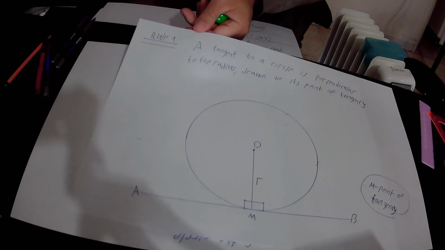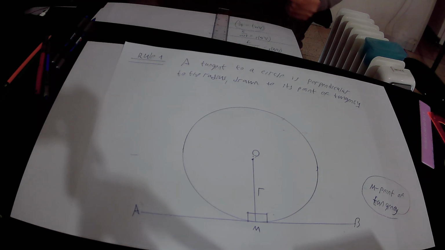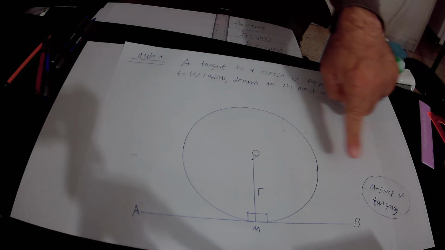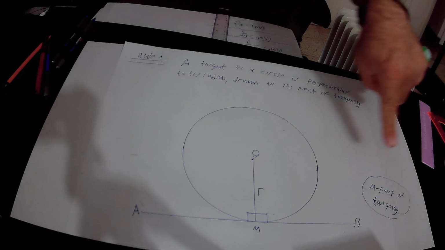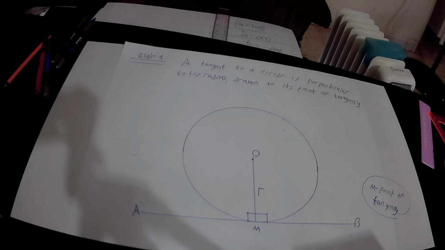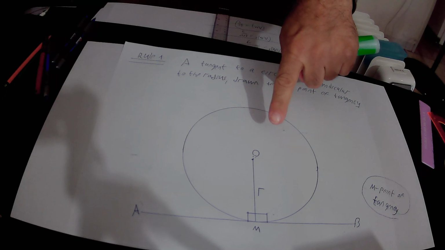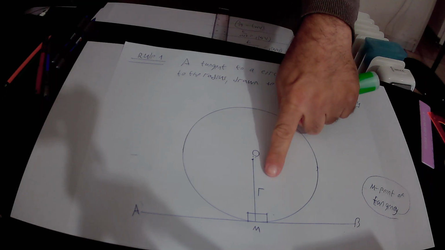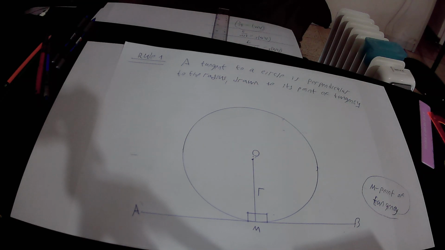According to rule number 1, a tangent to a circle is perpendicular to the radius drawn to its point of tangency. Tangent AB is tangent to the circle at point M. Point M is the point of tangency, and the radius of the circle is OM. Here it is R, the radius of the circle.